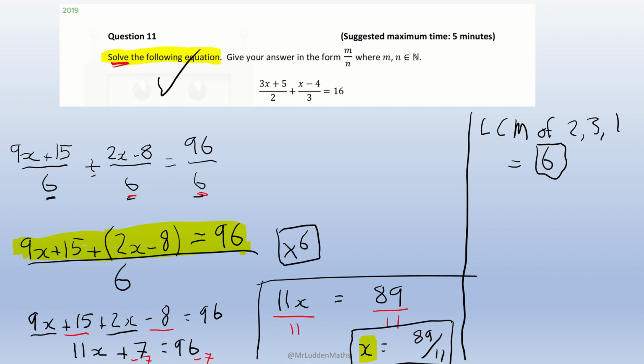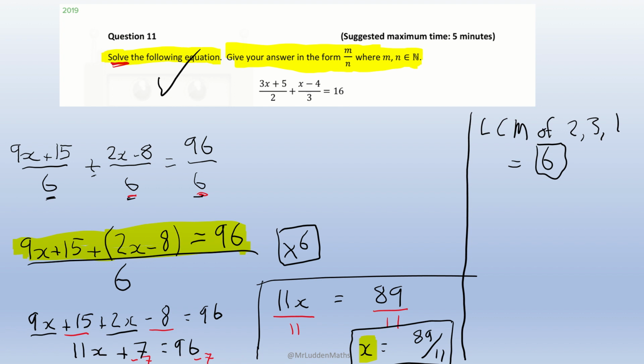Tick. Give your answer in the form m over n, where n is an element of N, your natural numbers. So they're telling you here that your answer is going to be a fraction. It's going to be m over n, so some number all over some number, and those two numbers are elements of N, so they're natural numbers.